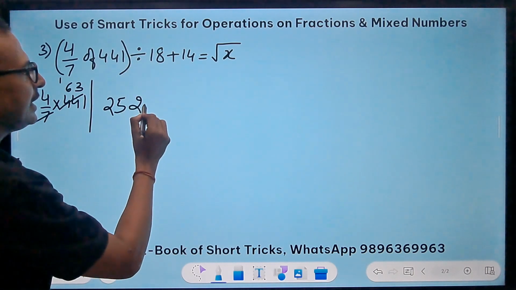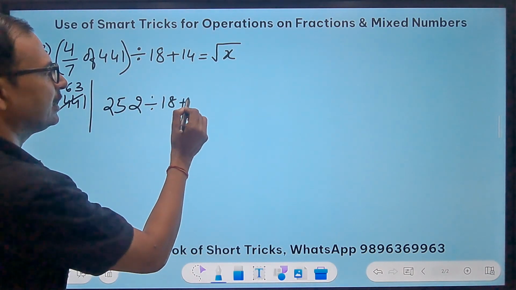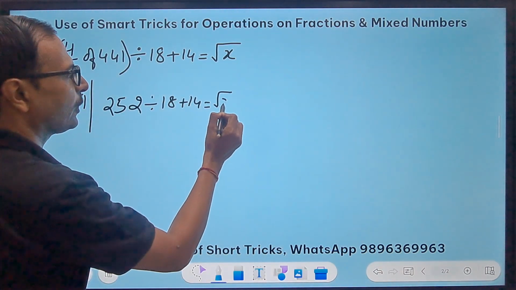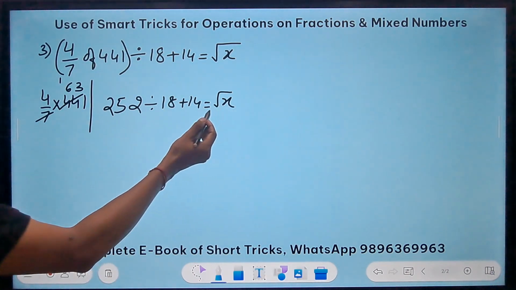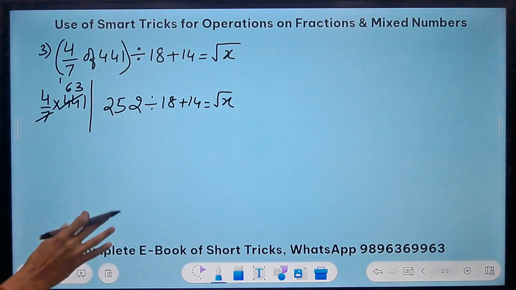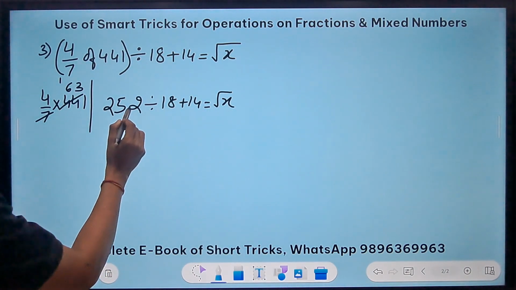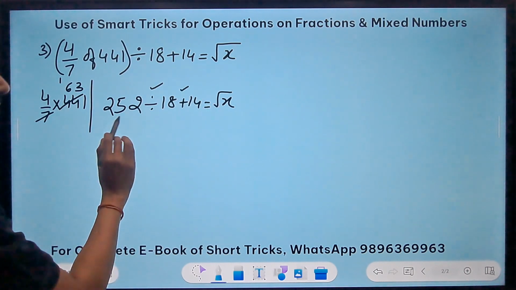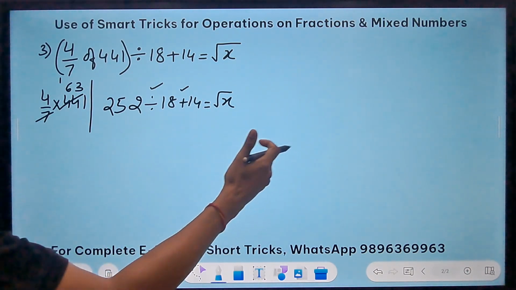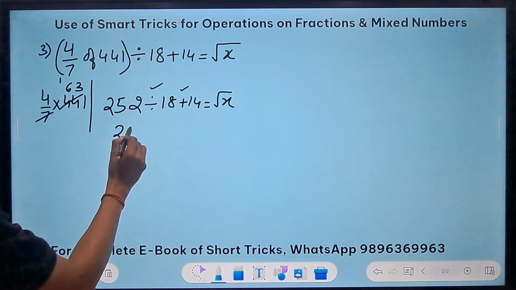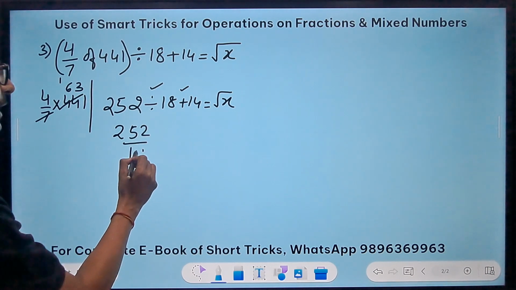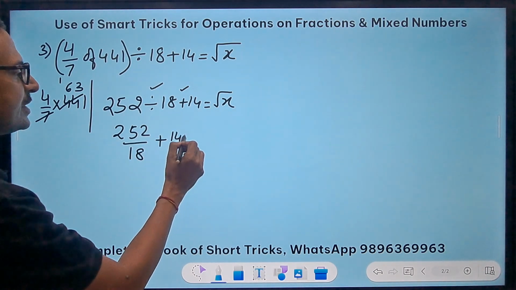Now divided by 18 and plus 14 gives us root x. Although I can skip this step also, but I am writing all steps for your understanding. Now divide and add. In the sequence DMAS, divide comes first. So I will be dividing 252 by 18 and then adding 14 to the result.